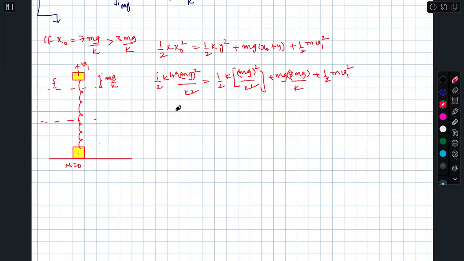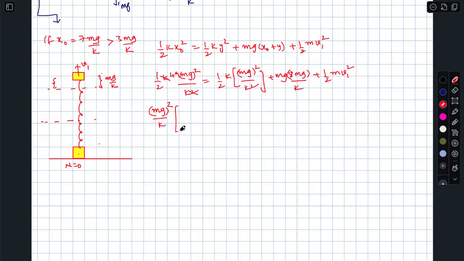Right. Now you just modify this properly. You have 49 by 2 minus 1 by 2 minus 8. I'll take the term mg square by k common.